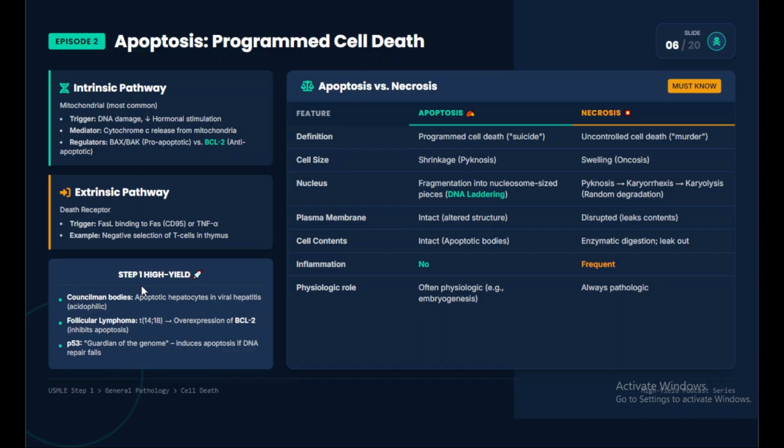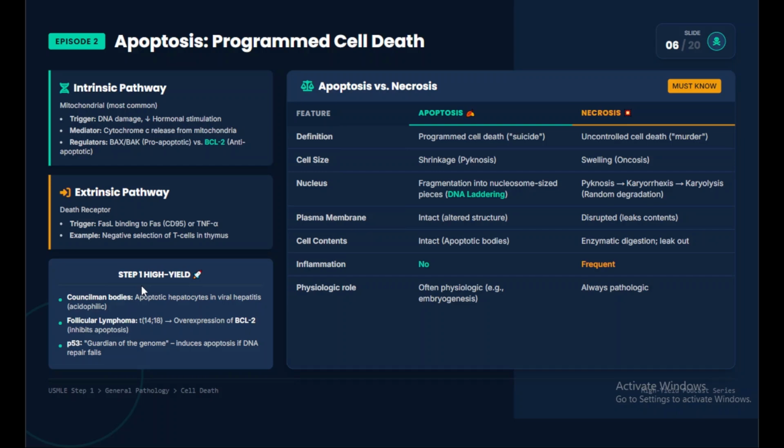Now, if you do a biopsy of such a patient and take the tissue under the microscope, you will see apoptotic tissues. These apoptotic bodies are called Councilman bodies if you are seeing this in a hepatitis patient, right? And these apoptotic hepatocytes are small intact cell fragments that are ready for phagocytosis.